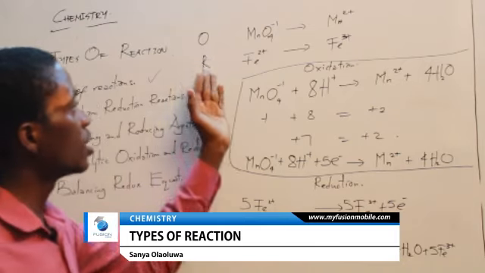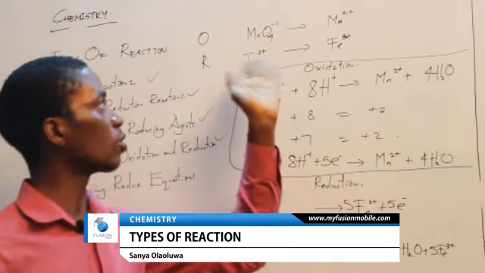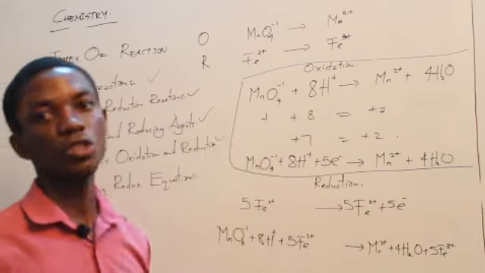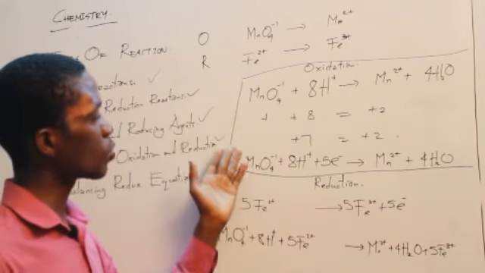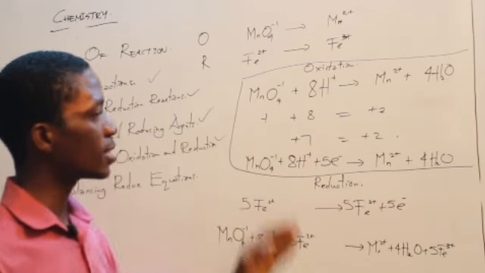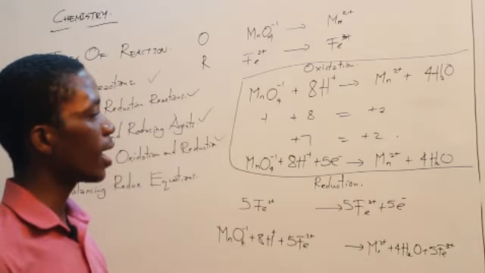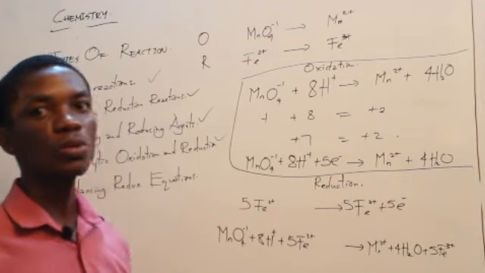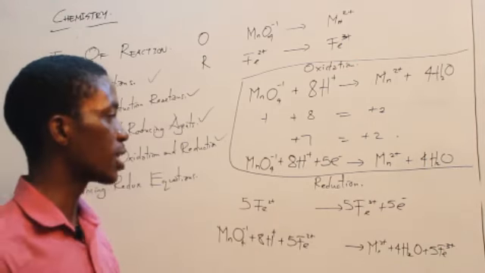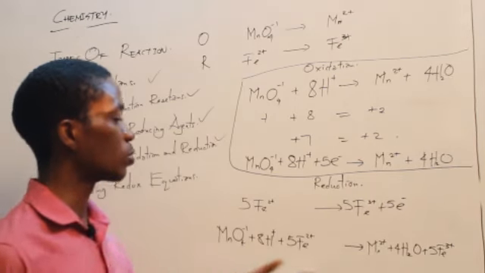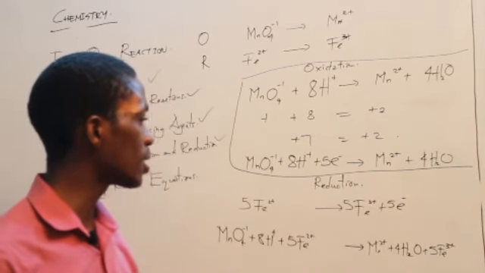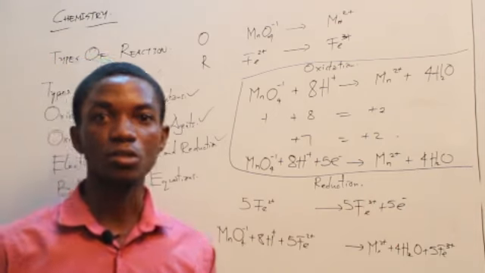Then the next thing is to write out the half equation of each of the sides. Then we try to balance out the half equations. After balancing out each of them, we bring the two half equations together to form one complete equation. So that's how we go about the balancing of redox reactions.